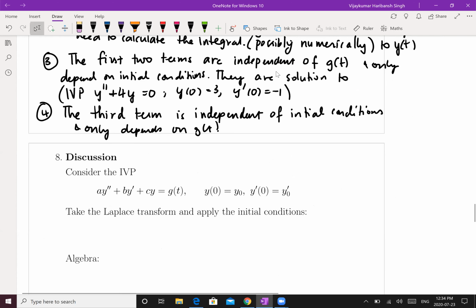So that's the idea. Let's go through this again. So 3 and 4 happen in general.